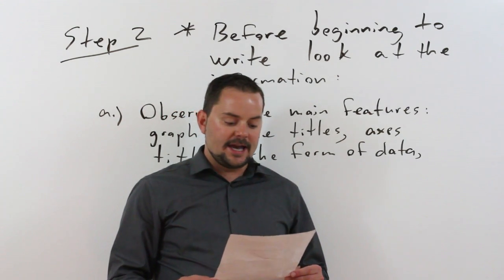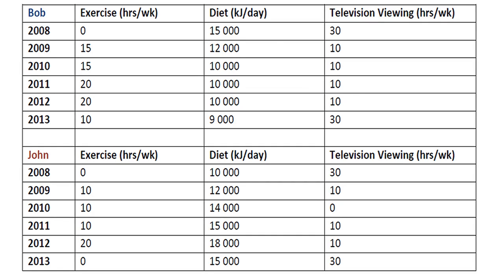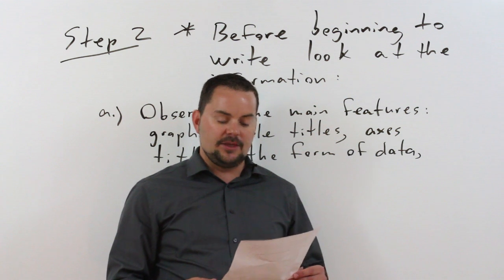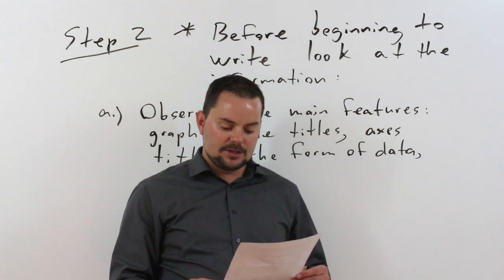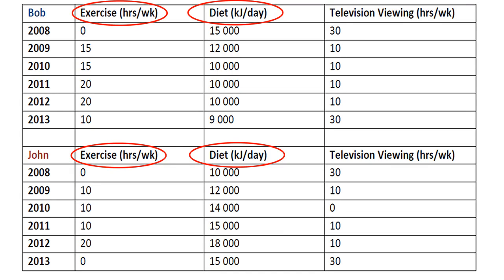And then we look at the title rows, which show exercise, hours per week, diet, kg, which means kilojoules per day. Kilojoules means the energy, or sometimes it's a kind of fat that our body uses. And then we see television viewing, hours per week.